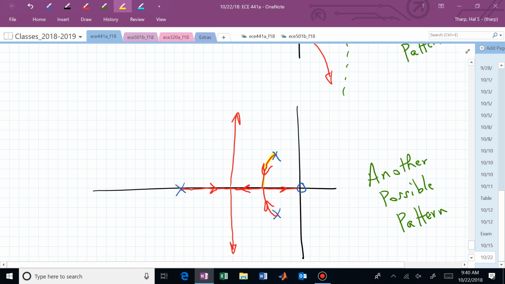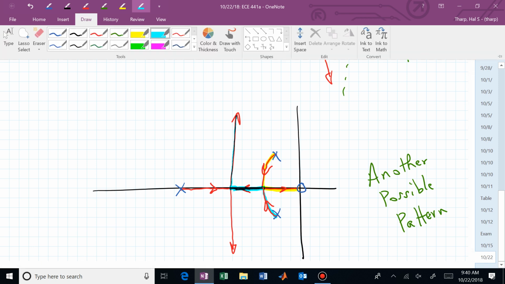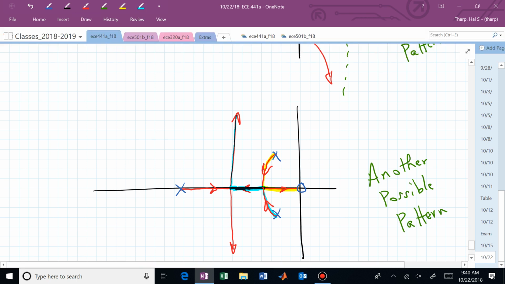Let's say this guy goes here and there. There's one branch. Another branch, this one goes here, and then he decides, oh, you know what, I want to go up. And then we have another, what color do I want? So now this one says, oh, I'm going here. Oh, he went up, I have to go down. So they're the 3 branches of the root locus.